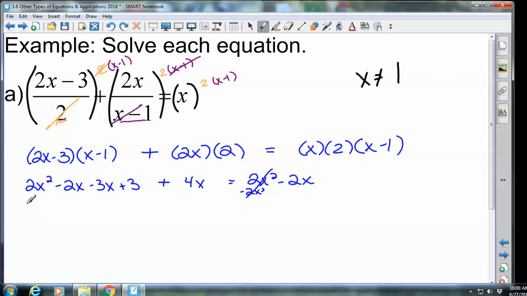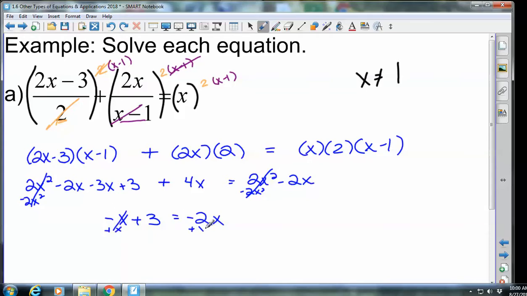Subtract 2x squared, what happens? Those cancel. So let's see if I add, I've got negative 5x plus 4x plus 3 equals a negative 2x.